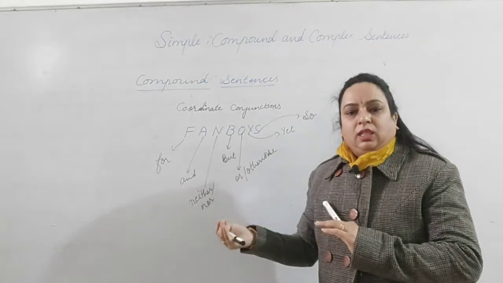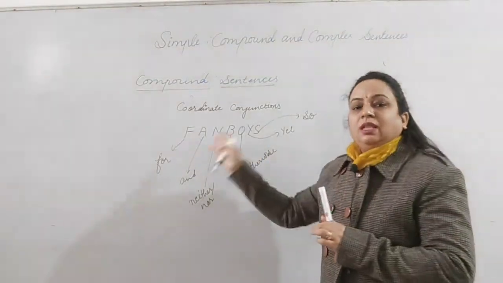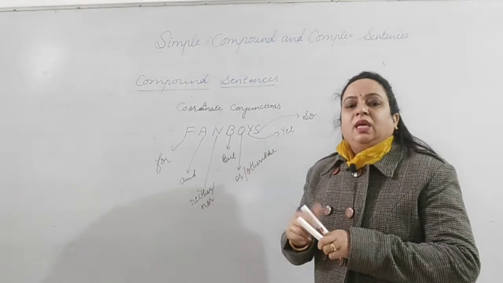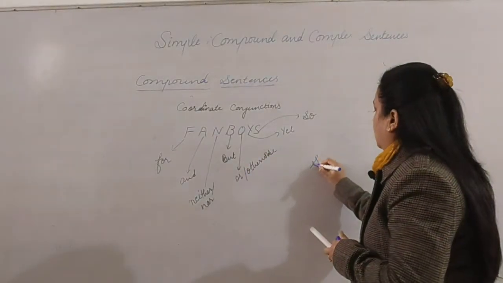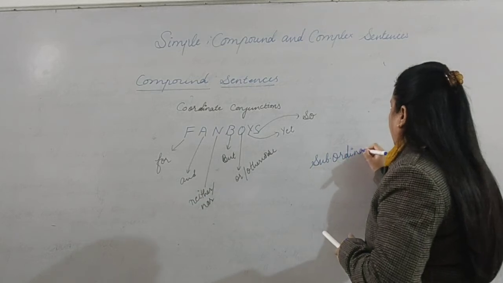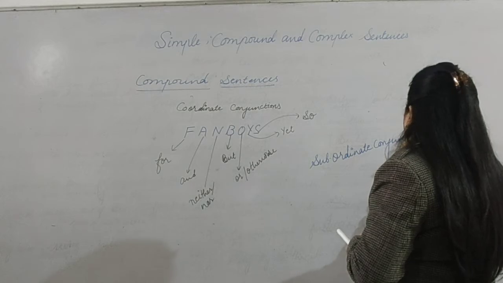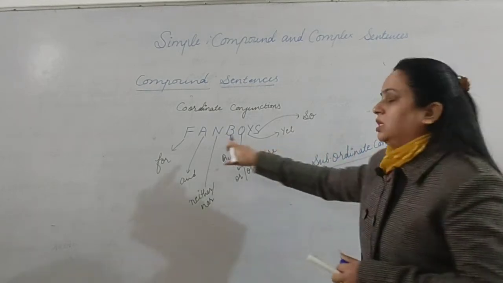And if we get conjunctions other than these, they will be known as subordinate conjunctions. Clear? You have to learn only this one.